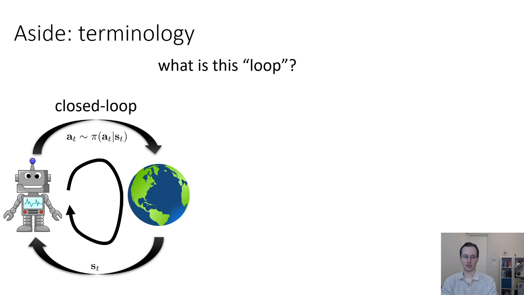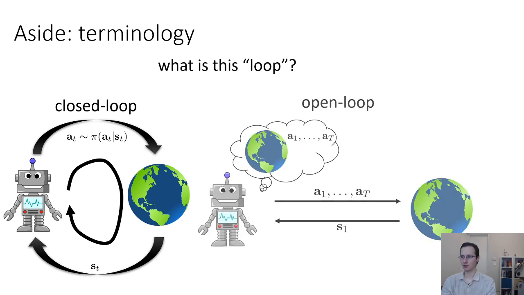The open loop case is what we've discussed so far in this lecture. In the open loop case, you're given a state and then you have to commit to a sequence of actions, and you will execute those actions without actually looking at what new state is revealed to you. So this is called the open loop case because those actions are executed in open loop.